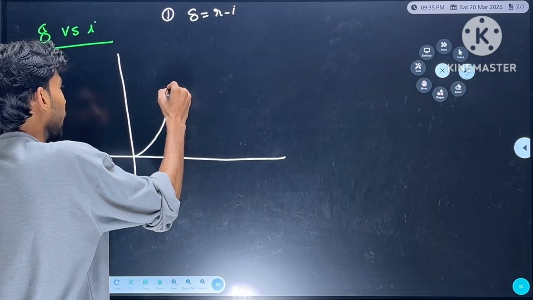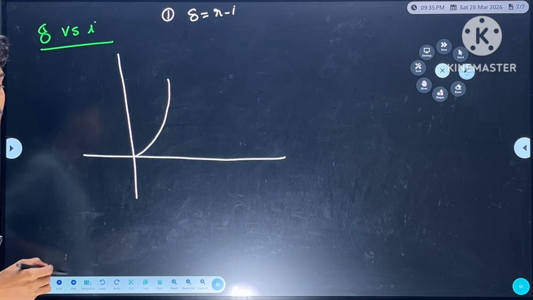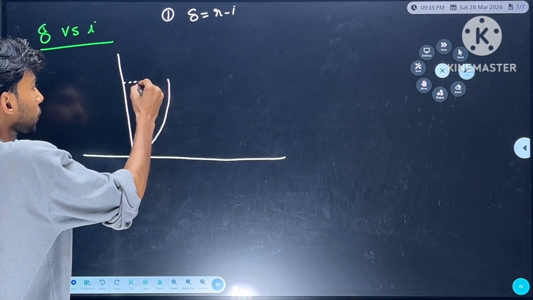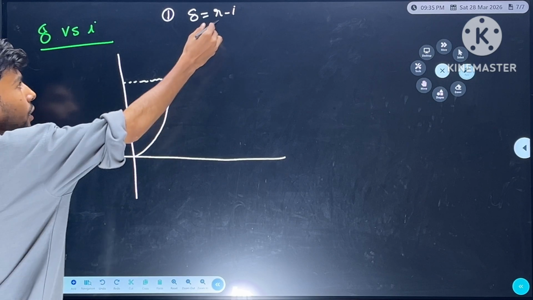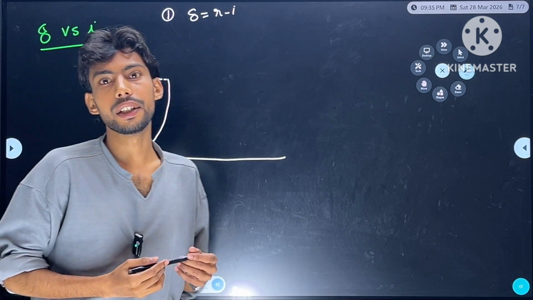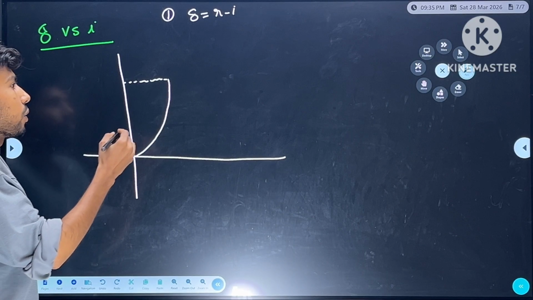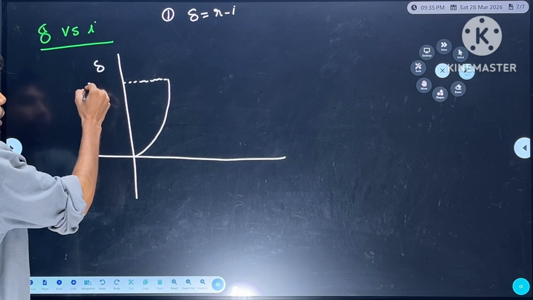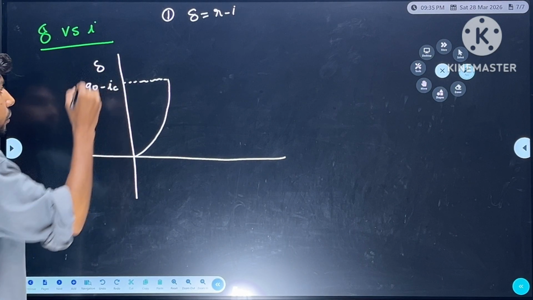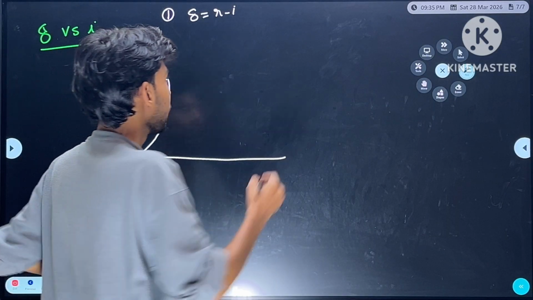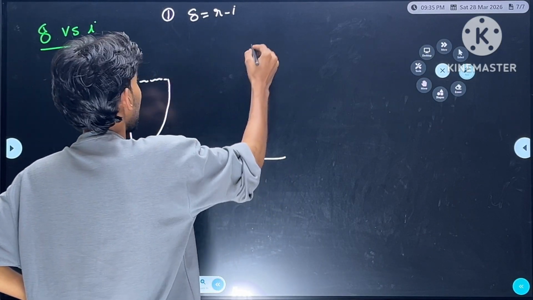It will follow a path like that. Up to what time will it increase? Up to the time this I becomes equal to I_C, the critical angle. As soon as I becomes equal to the critical angle, there you got the value of delta as 90 minus I_C, right? So in this case, this value is 90 minus I_C.